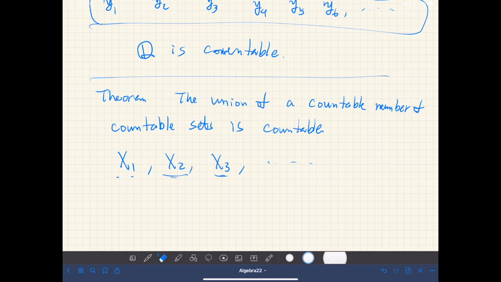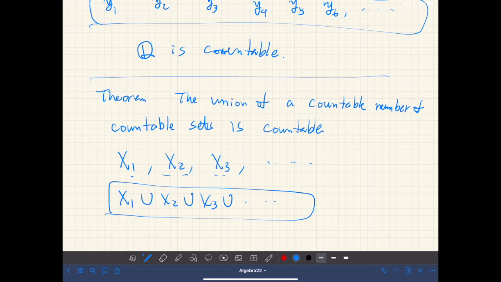This is countable, countable, countable, and there are countably many such sets. Then if we take the union x1 cup x2 cup x3 cup and so on, this is countable. This is what this theorem says.